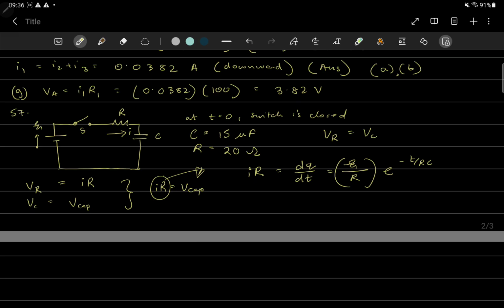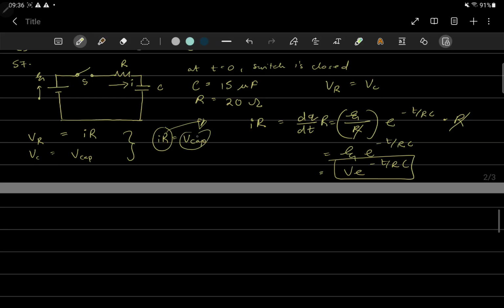So I can just plug this in over here. So dq by dt times R, so this is times R for this expression, right? And therefore this just cancels the R over here, and I have zeta e to the power of minus t by RC. Zeta is just the voltage, so I can just write this as the total voltage, V e to the power of minus t by RC. So this is your expression for IR.